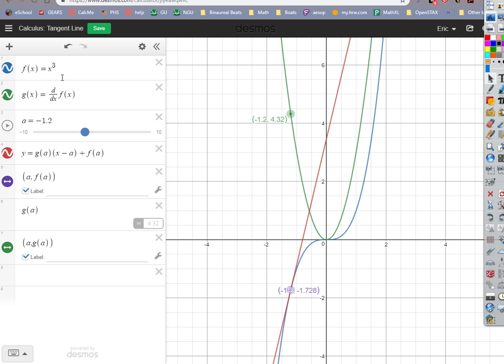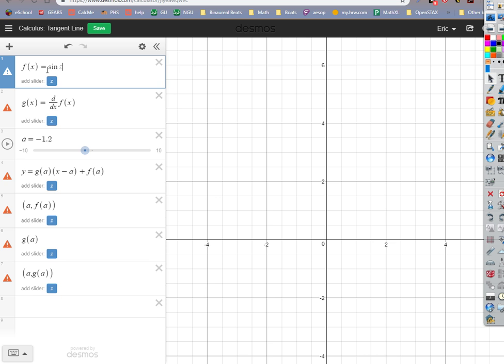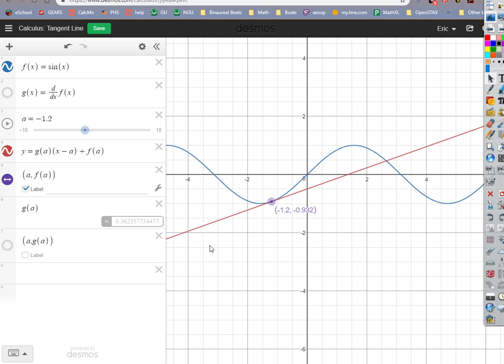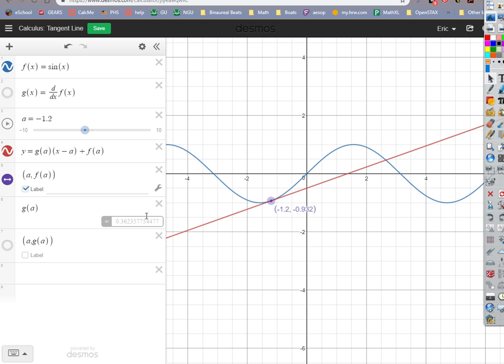What about, let's do a sine function. Okay, so here's our sine function.